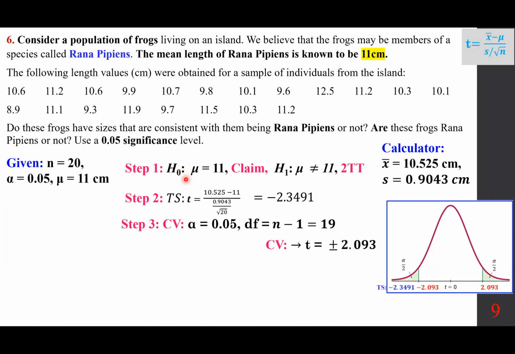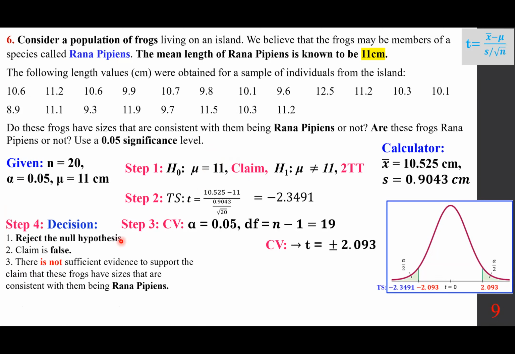When you're rejecting the null hypothesis, that means you're rejecting the claim that goes with it, which means the claim is false, which means there is not sufficient evidence to support the claim that these frogs have sizes that are consistent with them being Rana pipiens.